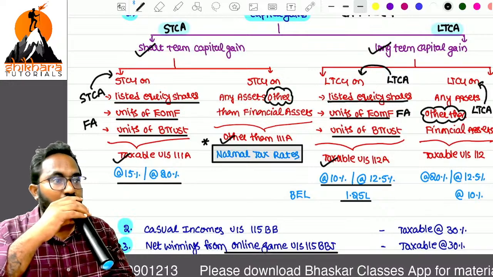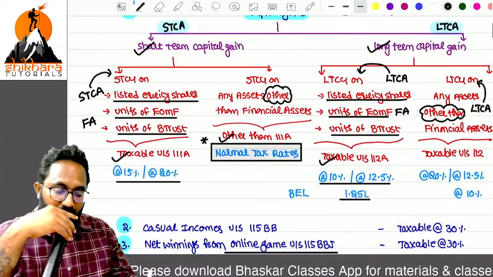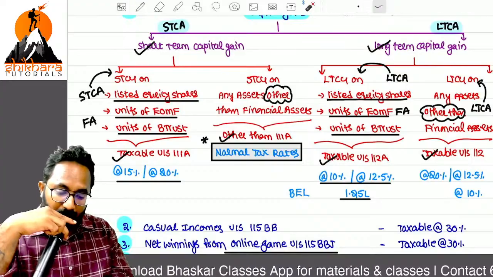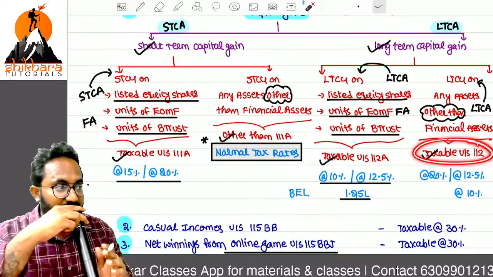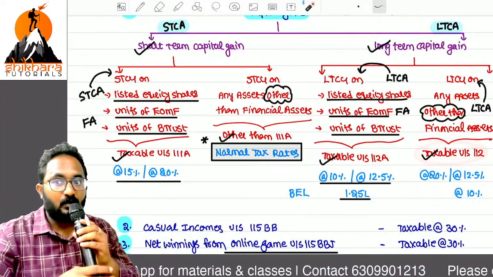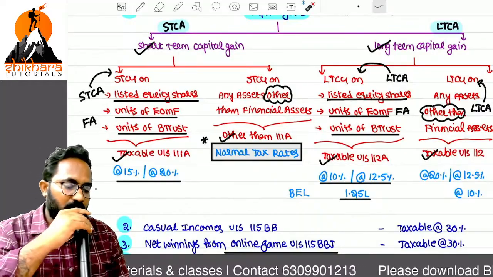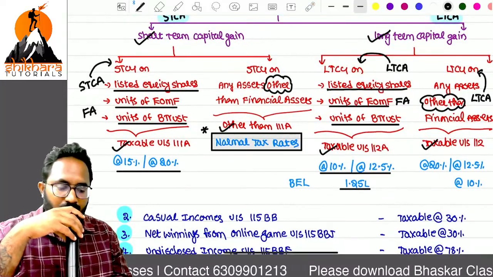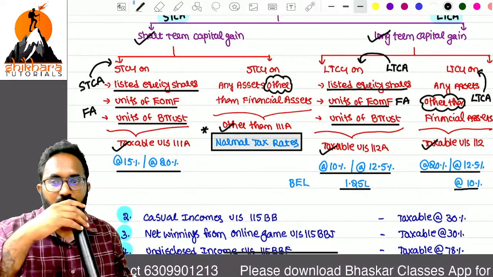Long-term capital gain. So it is taxable under section 112. Can I call this other than 112A? No, you can't, because we have a separate section for this: 112. What is the tax rate? Here I mentioned the 3 tax rates: just remember 20%, 12.5%, and 10% also.